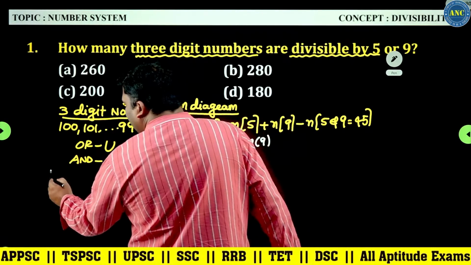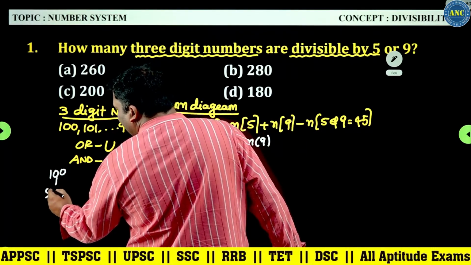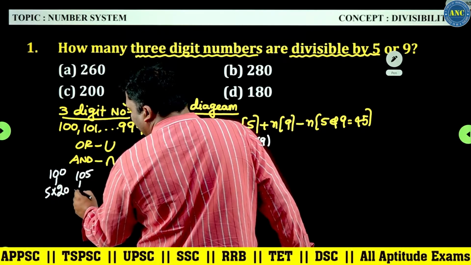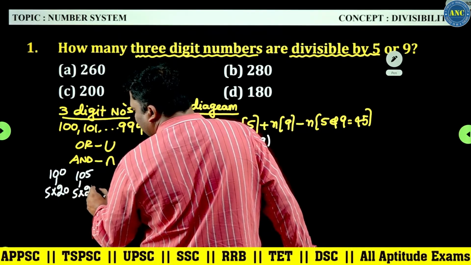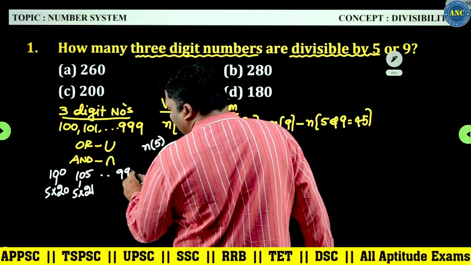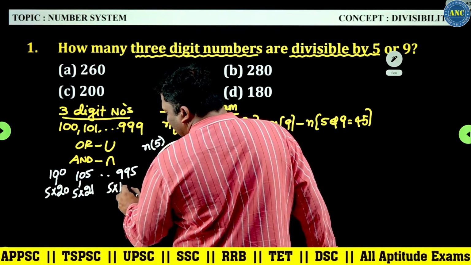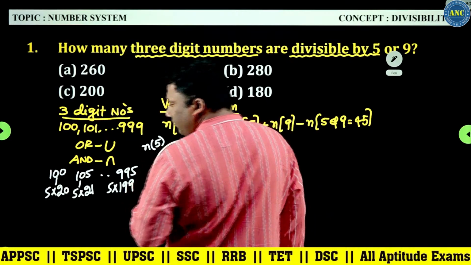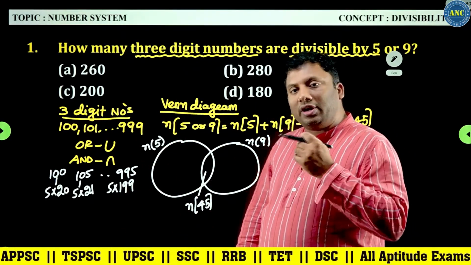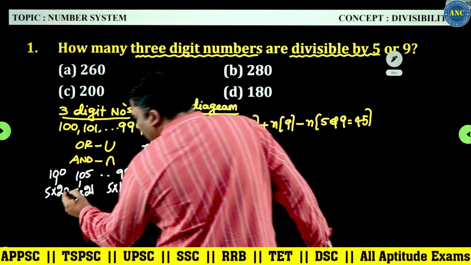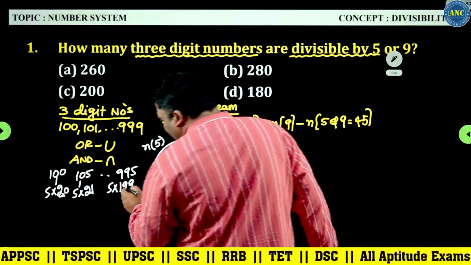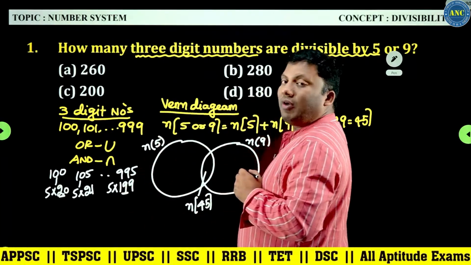Number of numbers which are divisible by 5. 100, the first 3-digit number, is 5 times 20. Next it is 105, 5 times 21. And so on up to 995, which is 5 times 199. If you are counting these numbers, the lowest multiple of 5 is 5 times 20, and the largest multiple of 5 in the 3-digit numbers is 5 times 199.